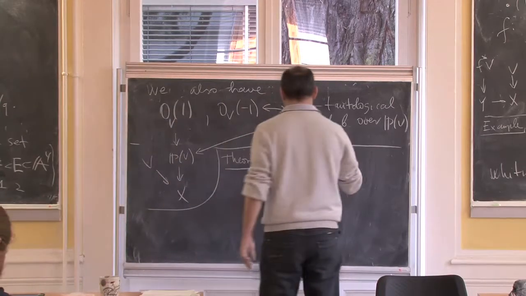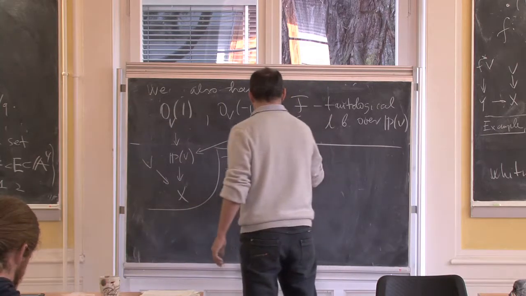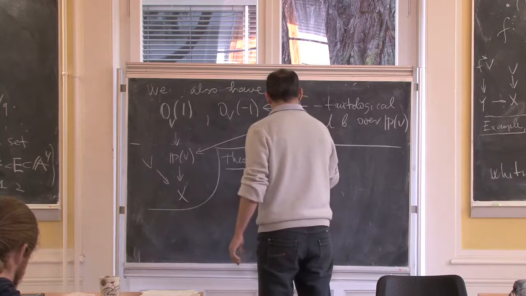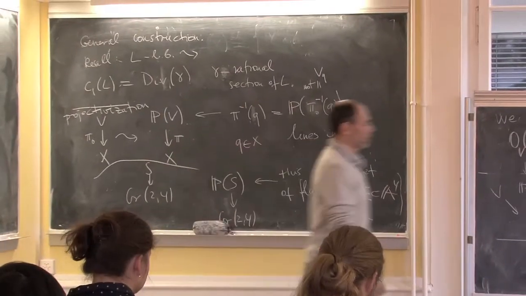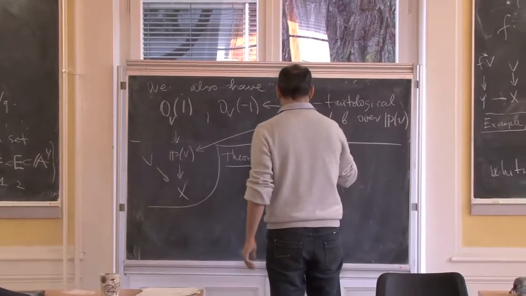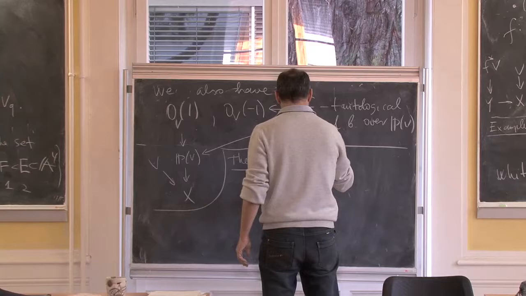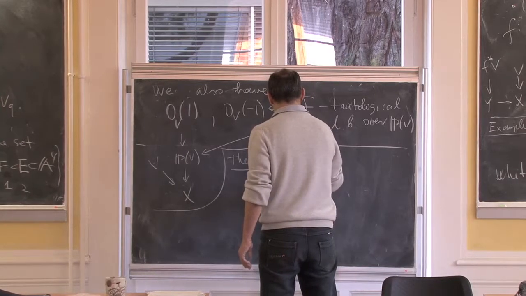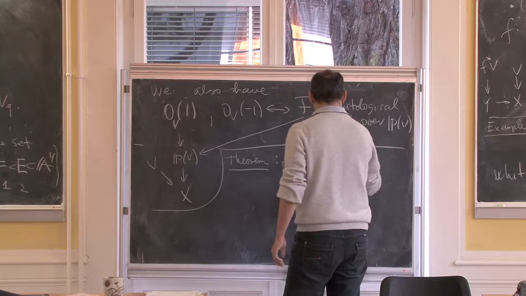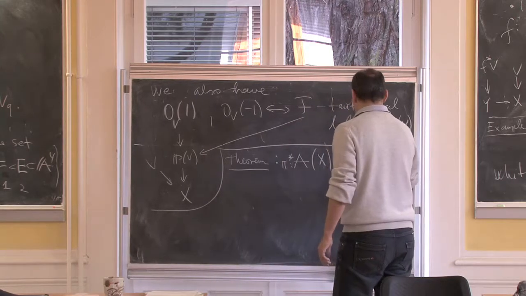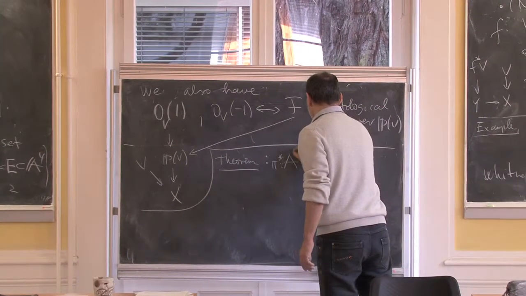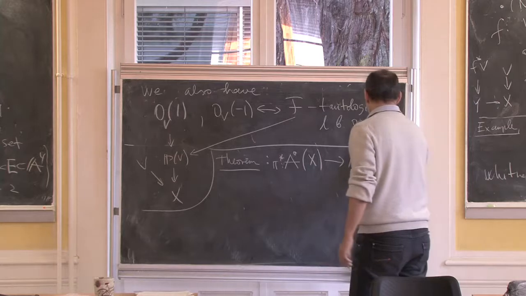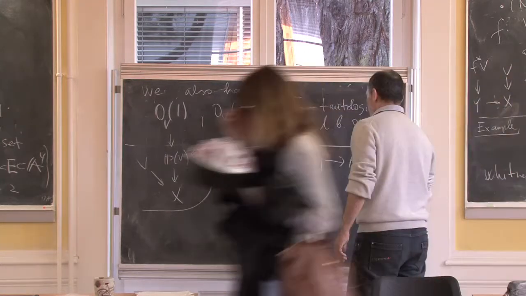So first approximation is that we have a map now from PV, pi, to X. So we also have a map of Chow groups of pullbacks. And so the pi upper star mapping the Chow group of X to the Chow group of P(V) is injective.